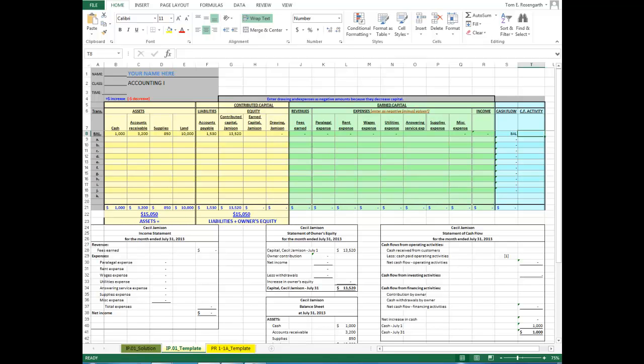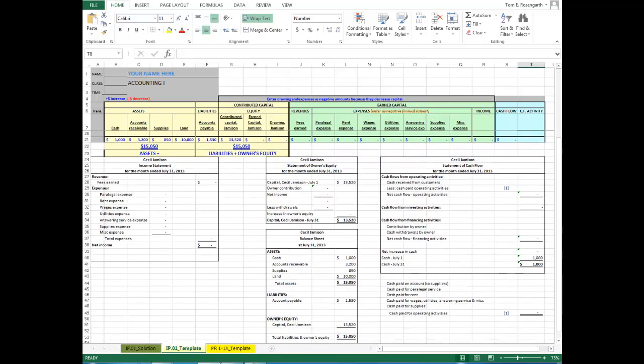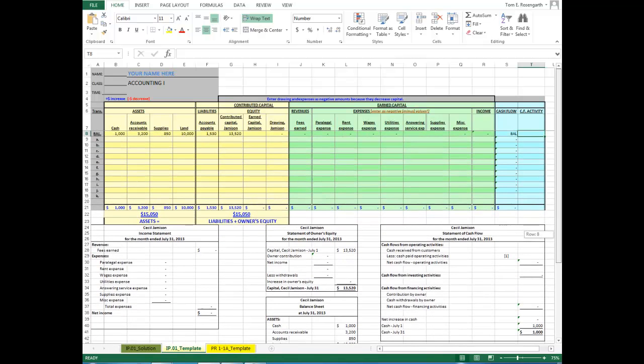And supplies, $850, which is reflected in the balance sheet. The entire balance sheet gets its accounts from this spreadsheet that you see above. As we enter transactions, that balance sheet will be updated. Okay, let's run through the 11 transactions that we have.